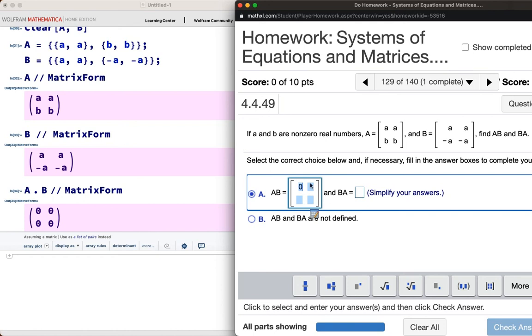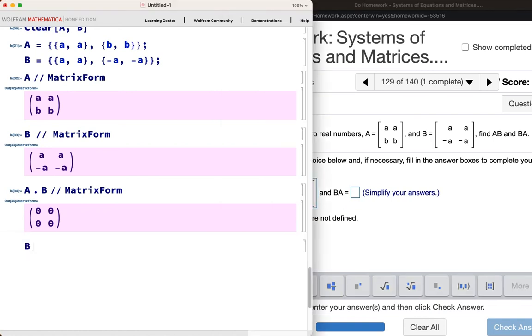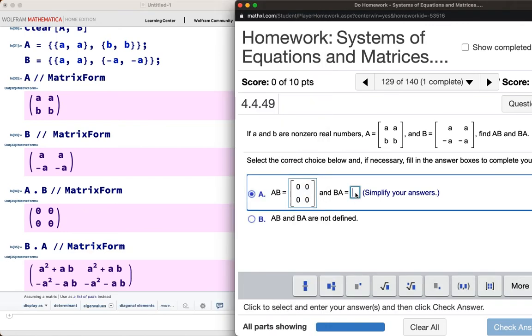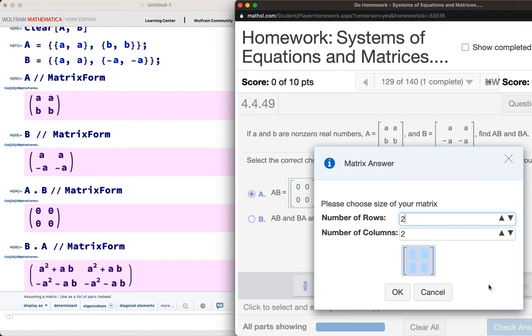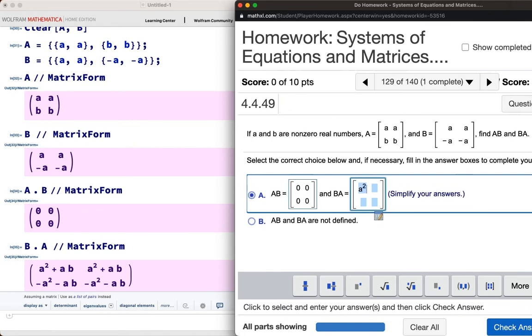And that's just 0, 0, 0, and 0, okay? And B times A, okay, well, that's going to be equal to A squared plus AB.